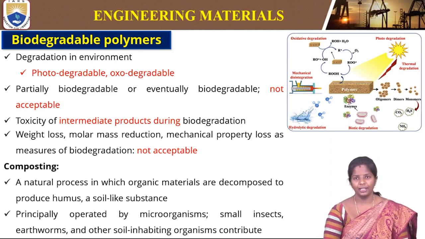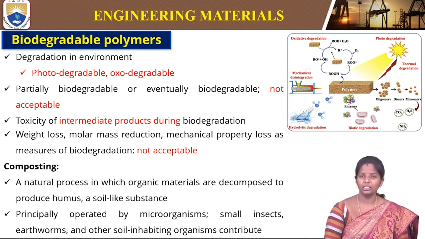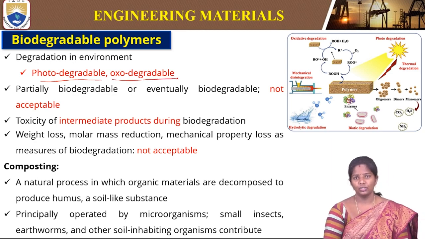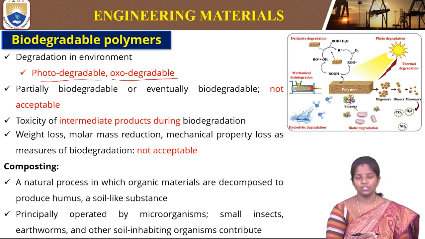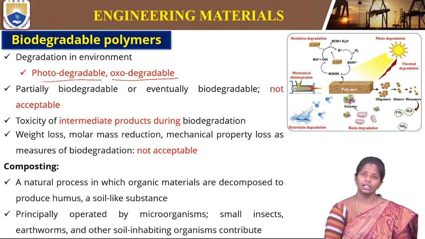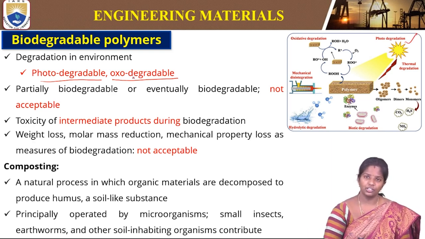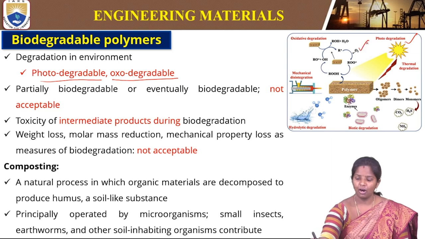So how does this biodegradation take place? Degradation in the environment occurs in two ways: photo-degradable polymers or oxo-degradable polymers. These are the different types of polymers depending on their degradation process in the environment. Photo is due to light or sunlight, and oxo-degradation is in the presence of oxygen.